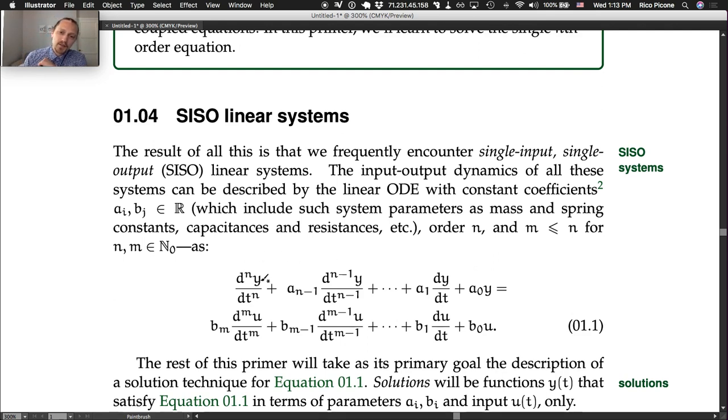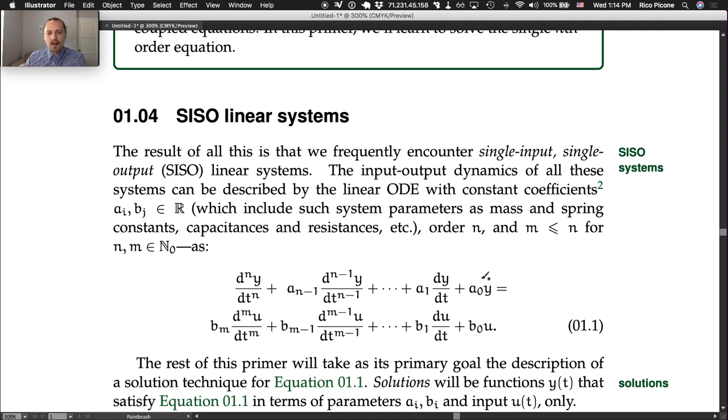On the left-hand side, we have a summation of derivative terms, so nth order derivative of the output y with respect to time, and a coefficient, and then the n minus 1th derivative of y with respect to t, etc. So the derivatives of y are on the left-hand side of this equation. It's on top here, but the left-hand side is this top line. And so derivatives of y scaled by system parameters, and summed up.